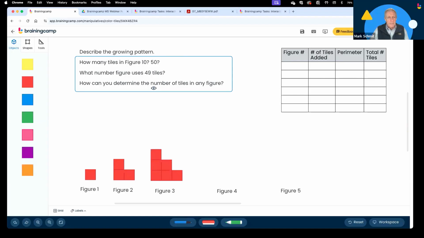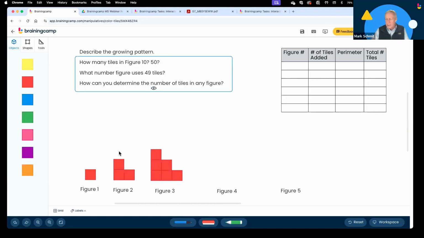And so then I might ask some further questions of what might be, how many tiles in figure 10, in figure 50. Well, I don't expect them to build that many different figures, right? So we can use what they've built to make some of those generalizations, right?